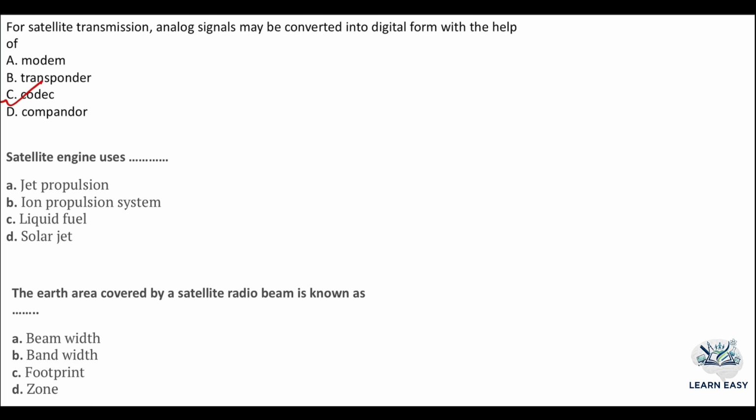The answer is ion propulsion system, that is option B. Modern satellites mostly use ion propulsion systems for station keeping and also for orbit adjustments, etc. Now we can move on to the next question. Earth area covered by a satellite radio beam is known as option A, beam width, option B, bandwidth, option C, footprint, option D, zone. The answer is option C.